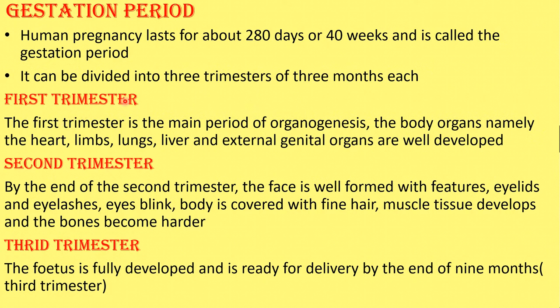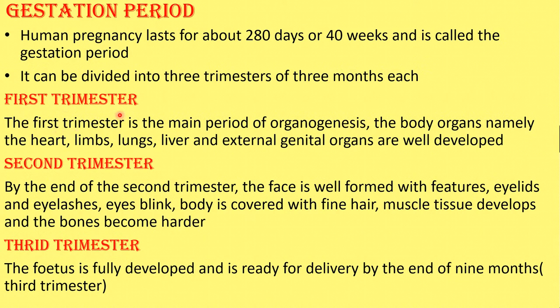The first, second, third month is called the first trimester. The 4th, 5th, 6th month is called the second trimester. And the 7th, 8th, 9th month is called the third trimester. So each trimester is 3 months.